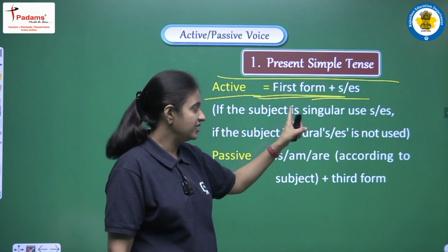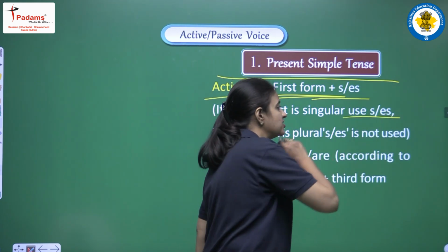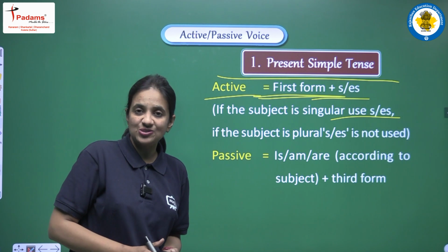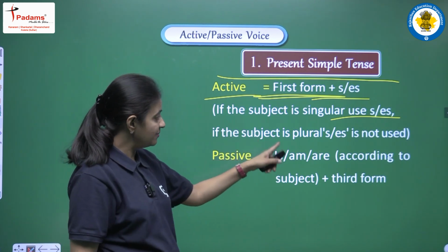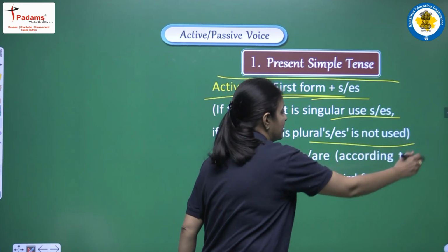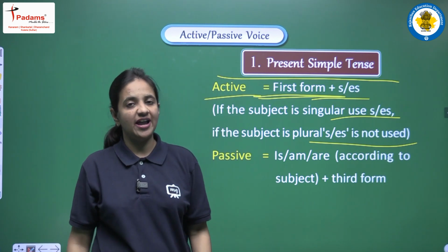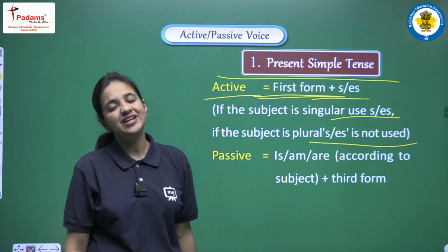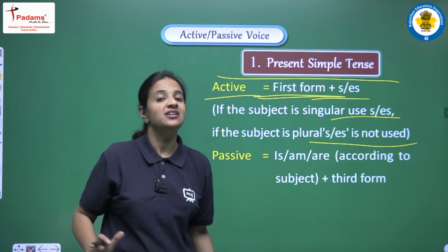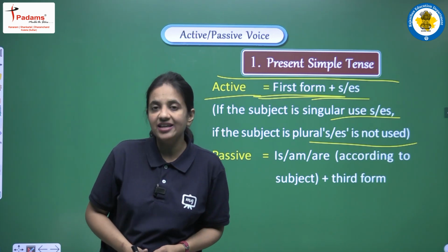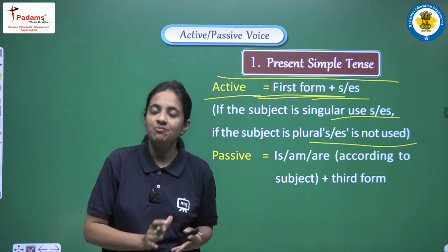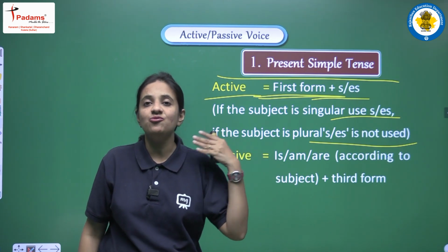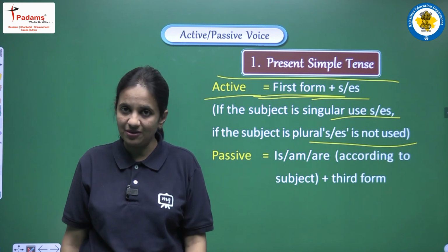So if the subject is singular we have to add s or es with the first form. If the subject is plural, s or es won't be used, and we will write only the first form of the verb, and then we will be able to identify that yes, this is present simple tense. So now we have to learn that if we have present simple tense in active voice, then what changes in helping verb we have to make.